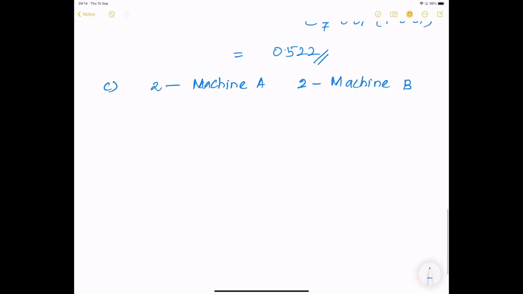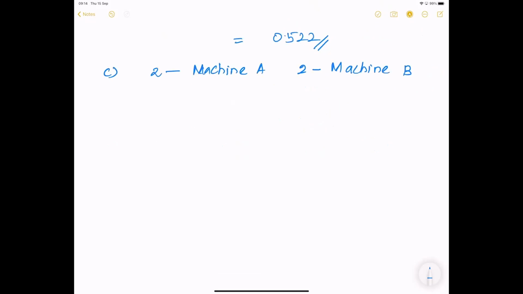So let's try with the tree diagram, right? We have two machines, A and B. For machine A, we have three possibilities: no defective items, one defective item, two defective items. Also for machine B, we have the same options: zero defectives, one, two, right?